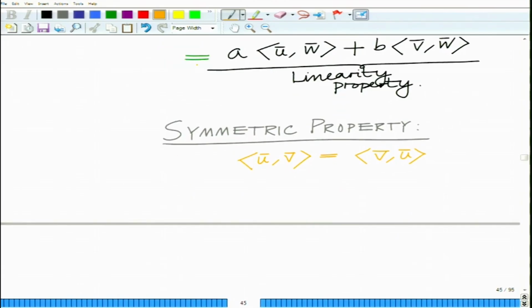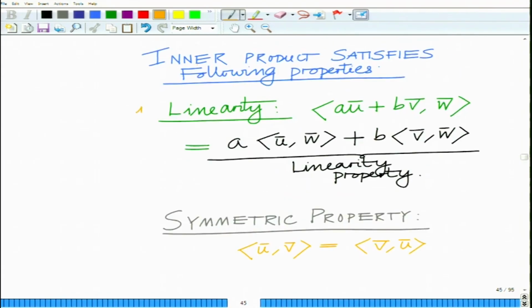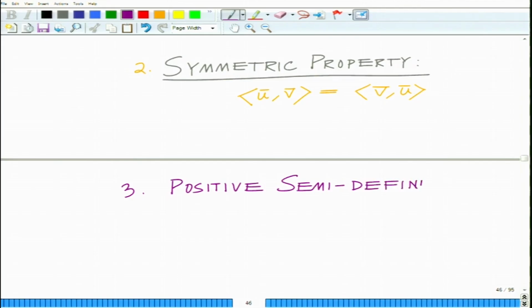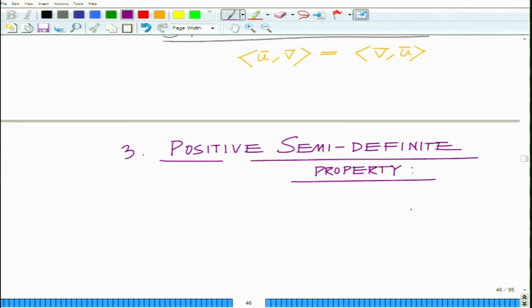Then, if you call this property number 1 linearity, 2 symmetry, then we have the positive semi definite property.